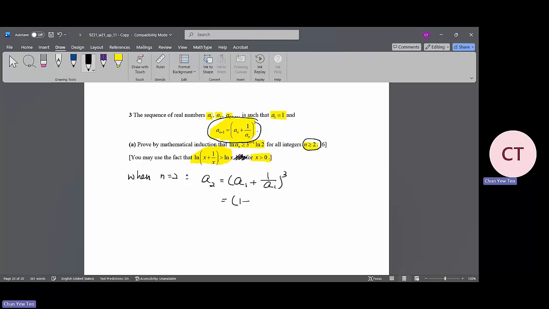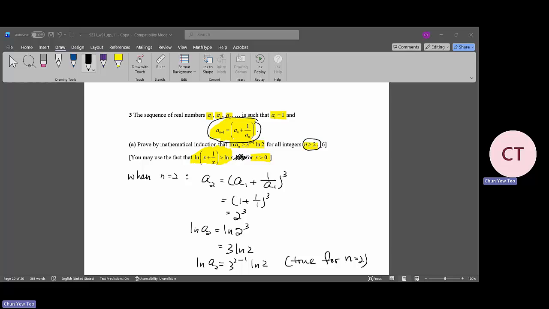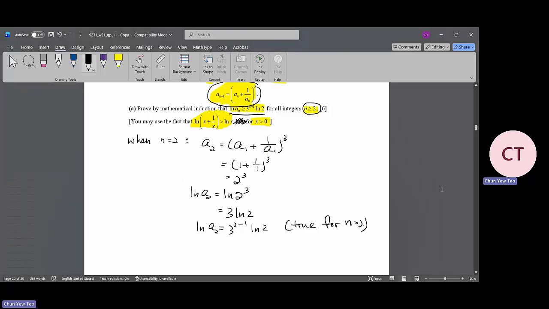So it will be 1 plus 1 over 1 cubed, which is 2. So ln a2 equals ln 2, hmm, 3 ln 2, which equals 3 to the power 2 minus 1 times ln 2. Okay, so it's true for n equal to 2. Because we need to show that this is true when n is 2.